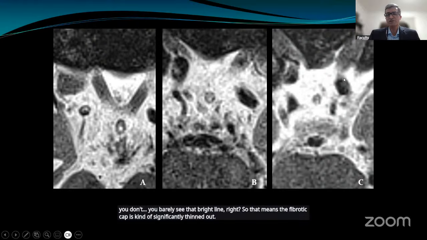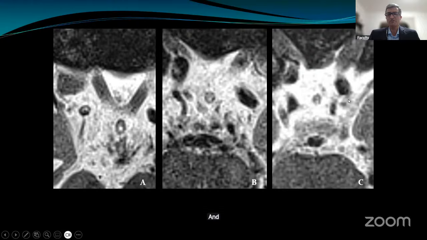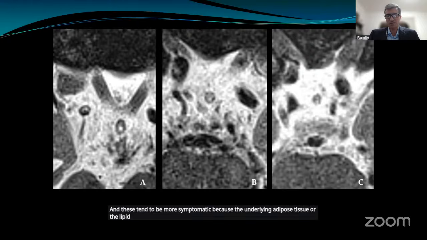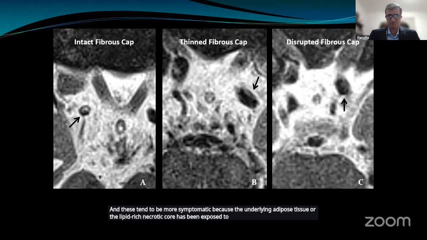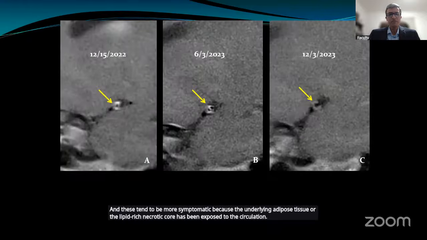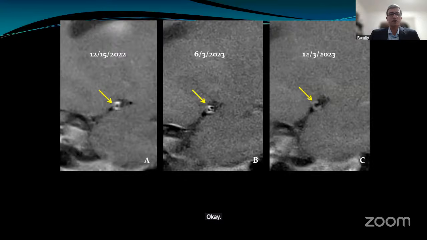And in the third patient, you don't see anything that is bright. All you see is some filling defect. So this is the disrupted fibrous plaque. And these tend to be more symptomatic because the underlying lipid-rich necrotic core has been exposed to the circulation.